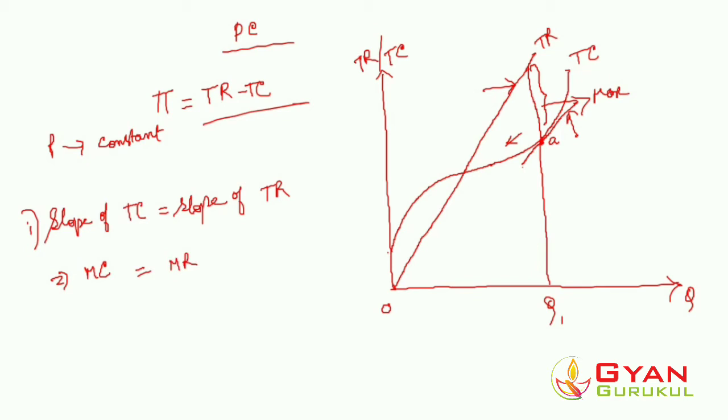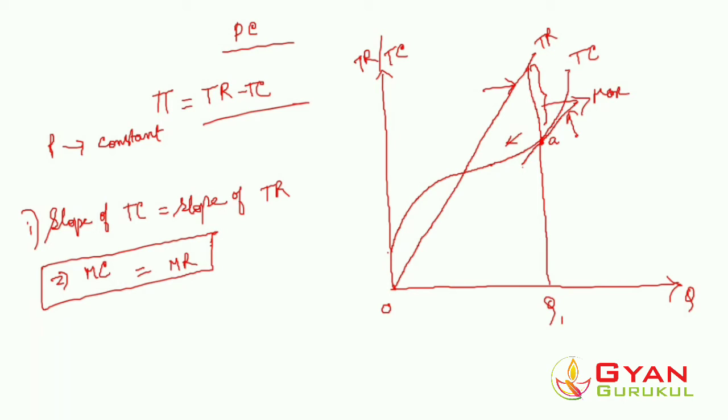So the first condition we have to fulfill to achieve the profit maximizing point is that marginal cost is equal to marginal revenue. That point would give us the profit maximizing output level.